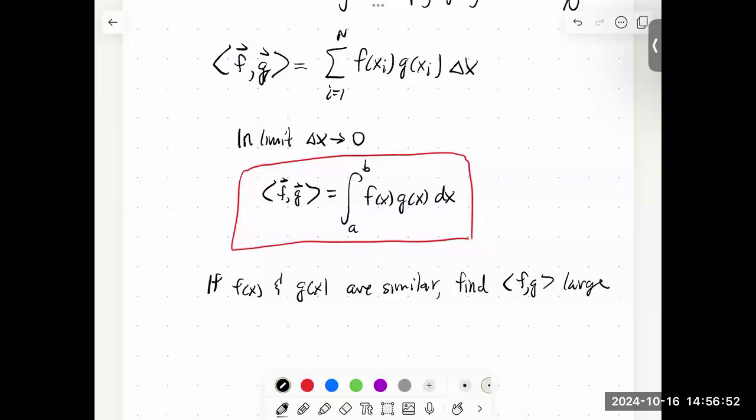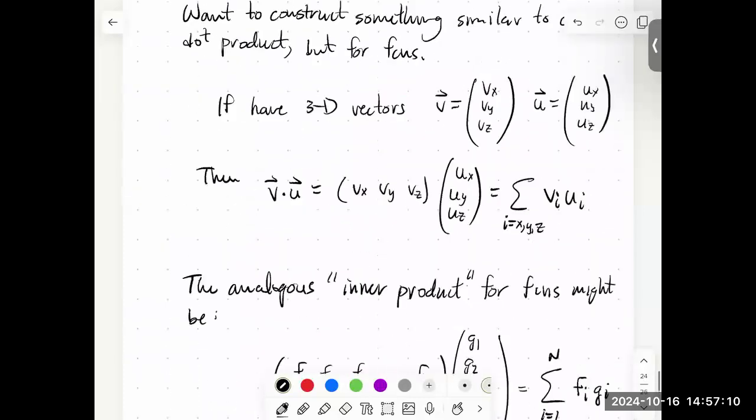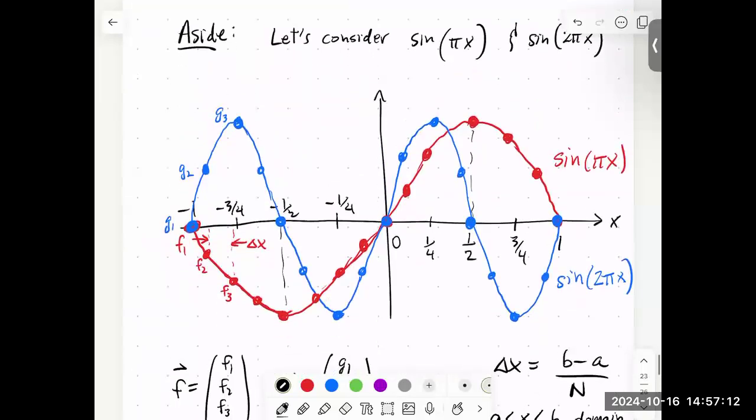If f and g are very different, it's small or 0.